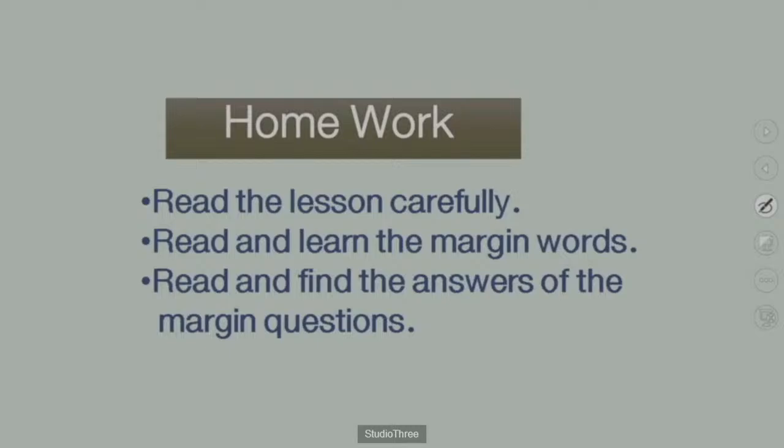Half of the lesson I covered, half of the lesson you have to read. Tomorrow when we begin the lesson, we'll see the 3rd, 4th and 5th type of the World Heritage Committee. You have to read and learn the margin words, as well as read and find the answers to the margin questions.